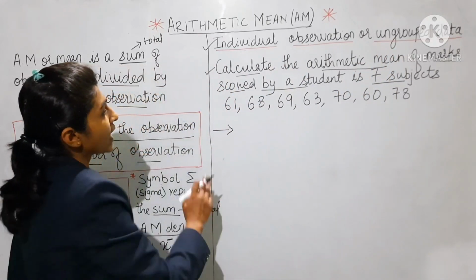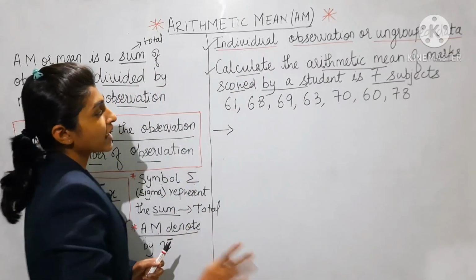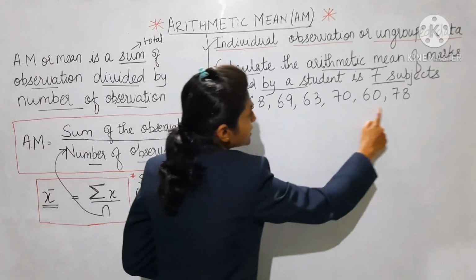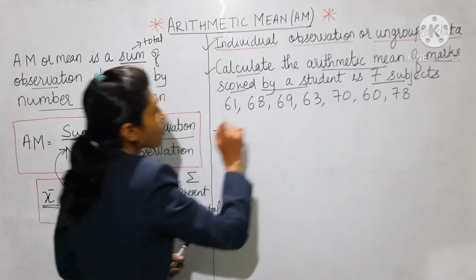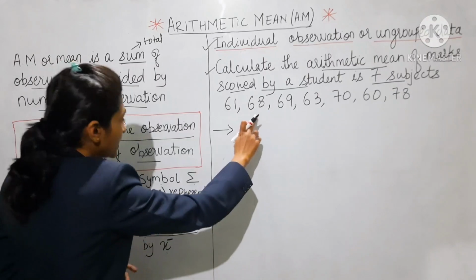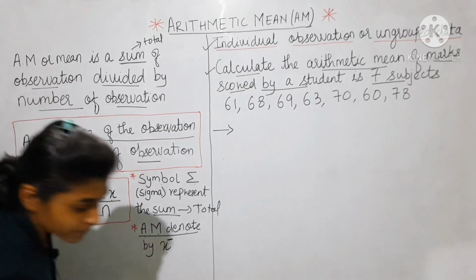Now, to calculate arithmetic mean for individual observation, if in the exam the numbers are given in individual format or ungrouped data, we are going to use this formula.